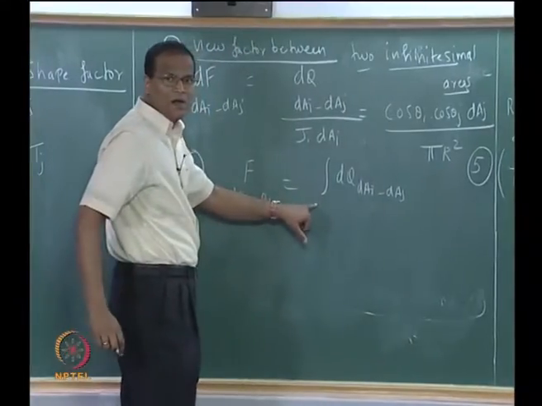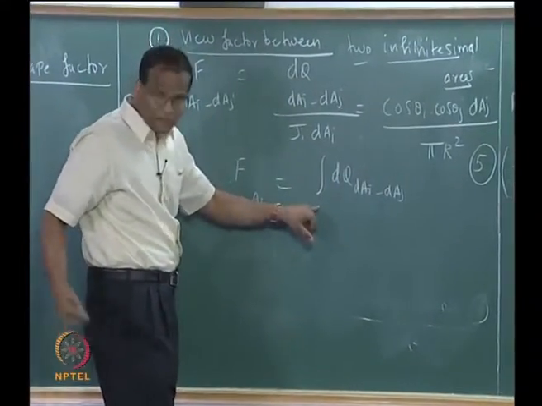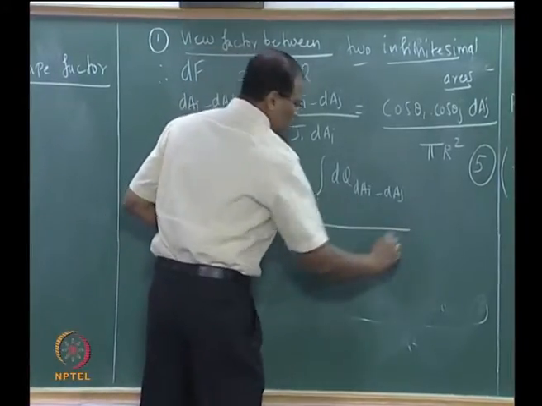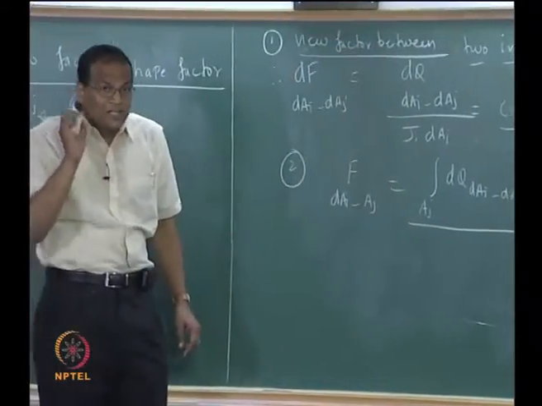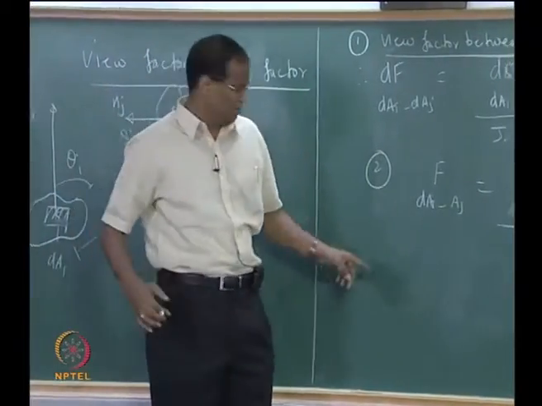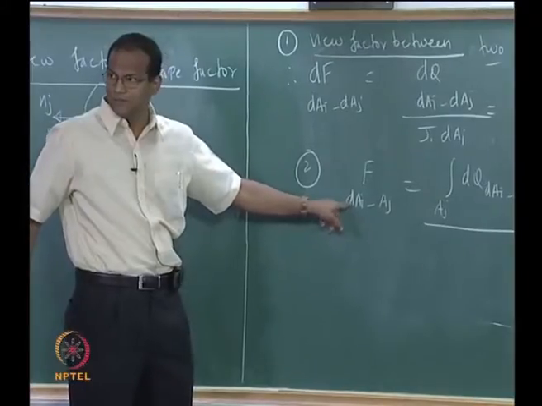Over, divided by Ji dAi, that stays because it is from dAi only.